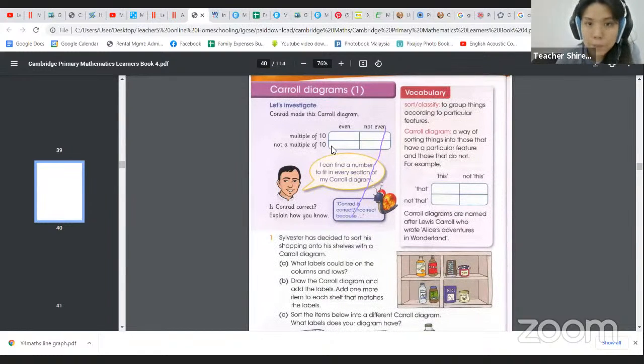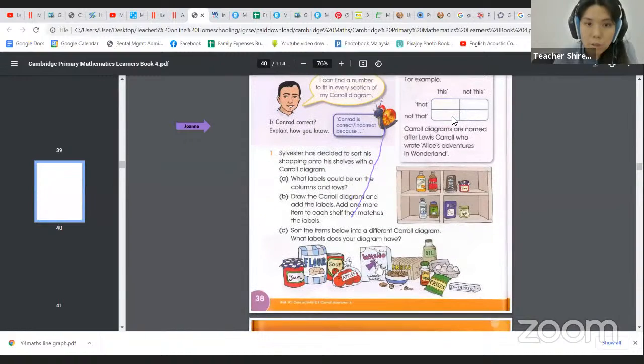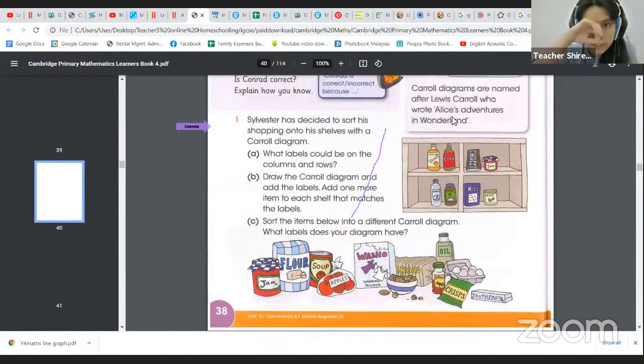In a Carroll diagram you have to sort and classify, but instead of one column, now you classify left and right. Over here, Sila has decided to sort his shopping onto his shelf with a Carroll diagram. What labels could be on the columns and rows? What do you think about this?